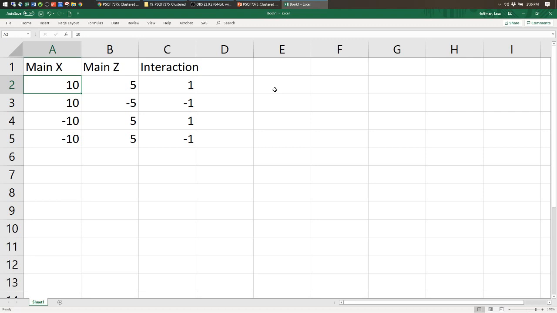What happens to the main effect of Z as X increases according to the interaction term? More negative. That's a more negative. It's stronger. How about this main effect of X? What happens to it as a function of Z according to the interaction? Less negative, weaker.